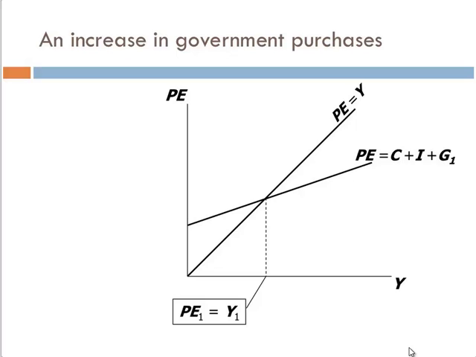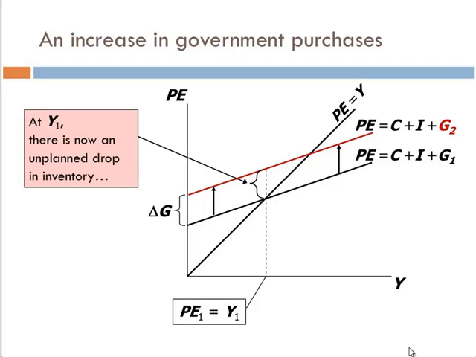Well, we start out here, and then the government increases spending, and that's going to cause the planned expenditure function to simply shift up, in a parallel fashion, the exact amount of the increase in government spending. So however much government spending changes, that's how far it's going to shift up from its original position.